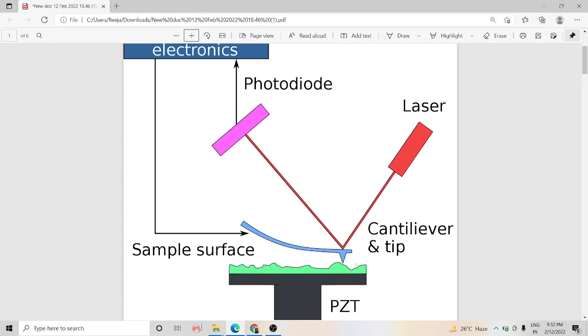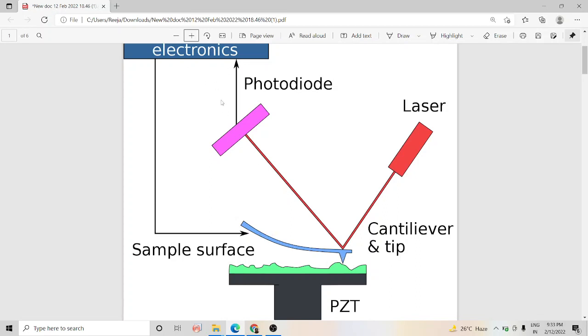So even minute deflections can be noted in your detector because it will be seen in the detector as a big deflection. Okay. Why is it happening?